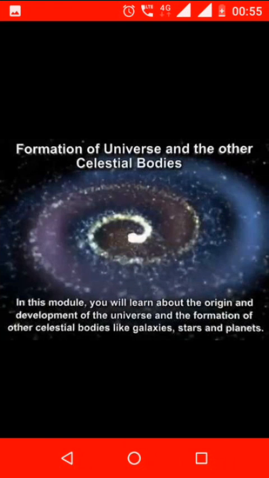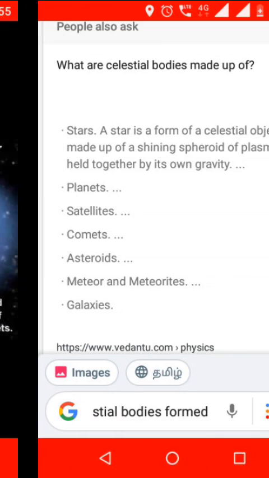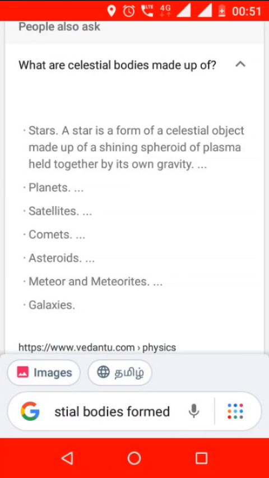So this is also how you can learn about Newton's law of gravitation to find the path of celestial or astronomical bodies. And what are celestial bodies made up of? A star is a celestial object made up of a shining sphere of plasma held together by its own gravity.